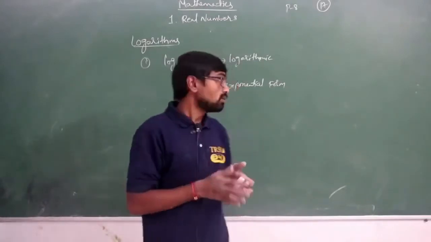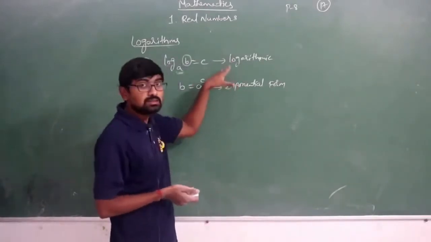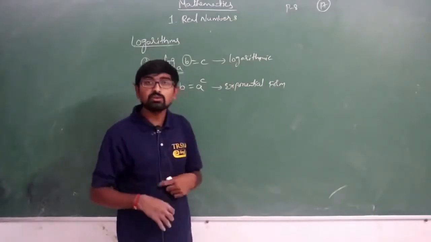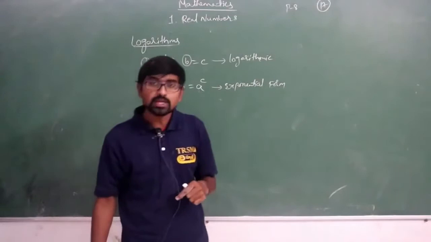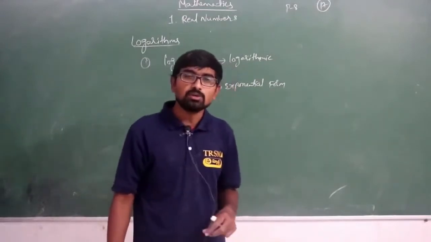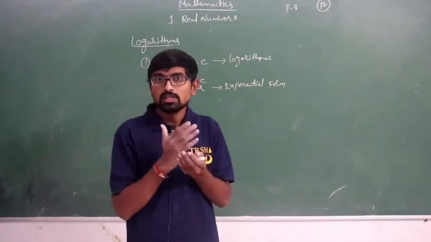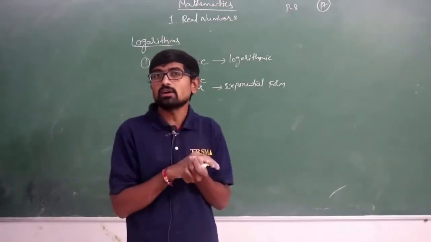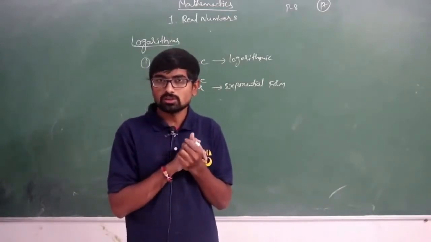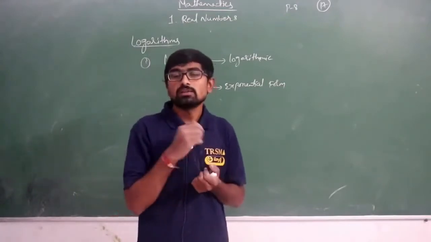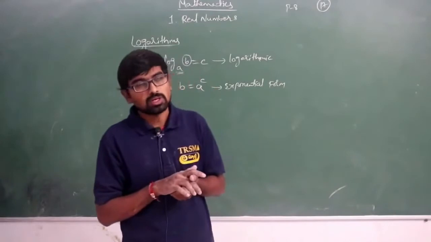I hope you have all seen these logarithmic values in your books. Whenever you buy graph books, on the back side of the graph book you will be getting the logarithmic values, log 2, log 3, log 4, log 5, like that. You can see there.